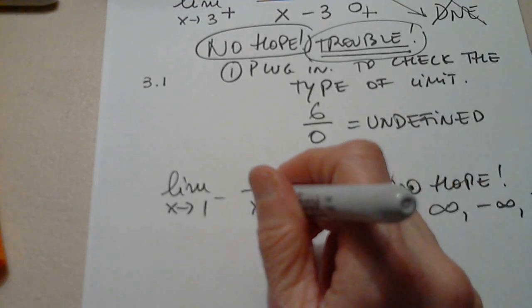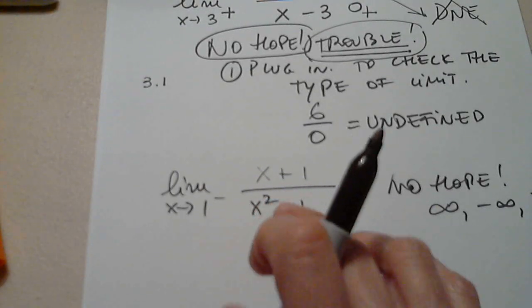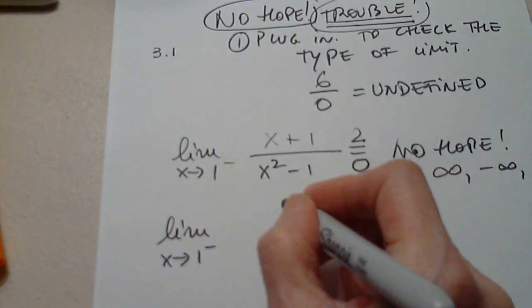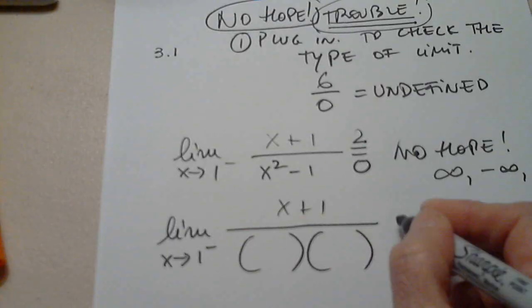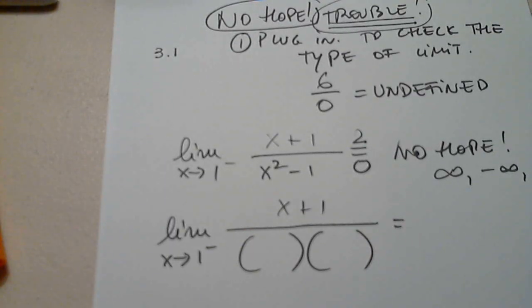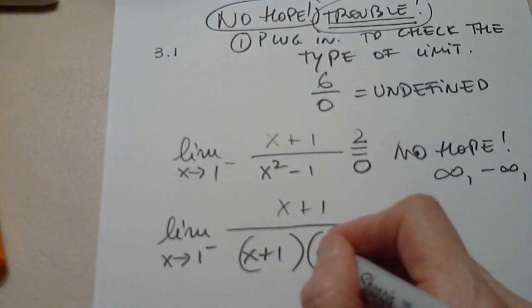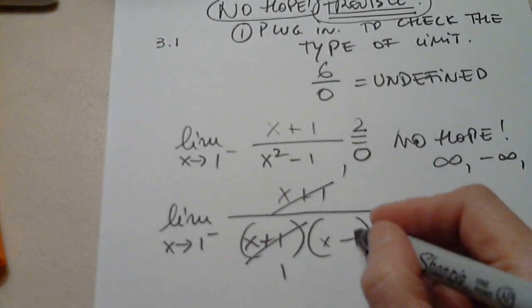I realize that I can factor the denominator. So let's see if that helps. Can anyone factor the denominator for us? x plus 1 and x minus 1. Very good. Thank you, Daisy. Nice to simplify, if I can, always.